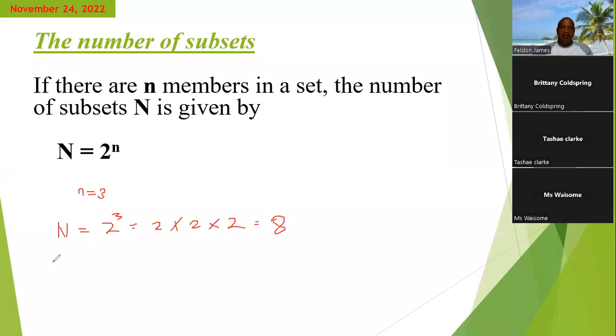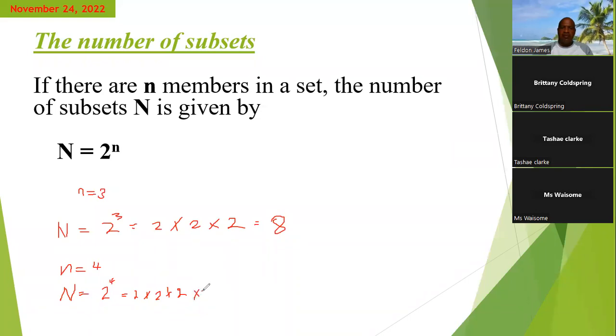So for the second set, small n would now be what? 4, sir. 4. Then big N, which is the number of subsets, would be 2 to the 4th power. And that would give you 2 times 2 times 2 times 2.